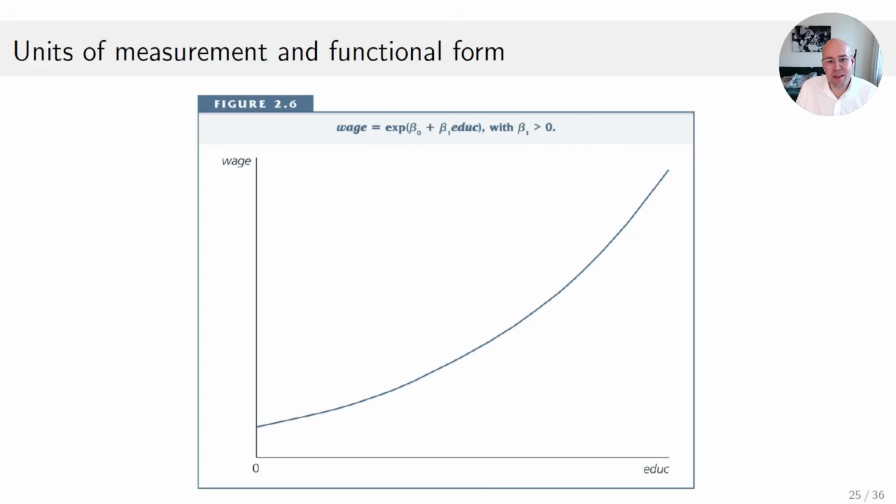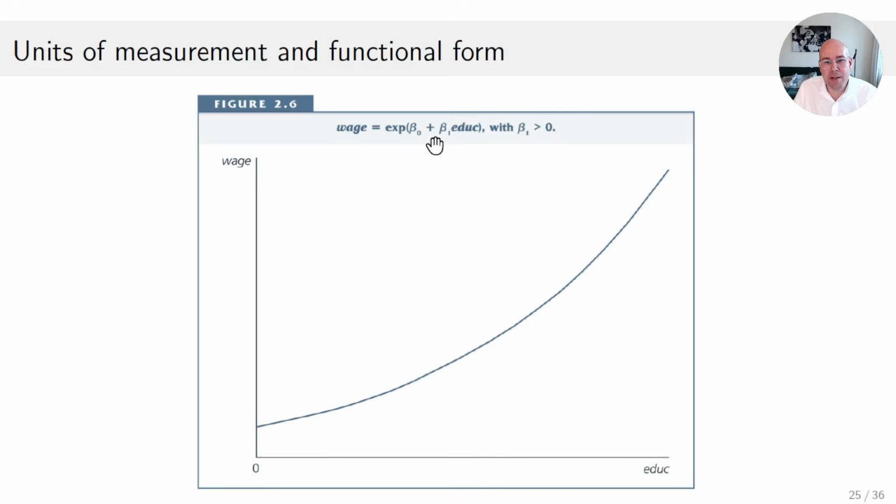Let me just show you the underlying equation. If you start from the equation where the wage is the exponential function applied to beta naught plus beta 1 education, and actually you would add a disturbance u also as part of the argument of this exponential function, but we can also do it without, just to illustrate, and we take the log, then the log of the wage is the log of the exponential function, so that will just cancel.